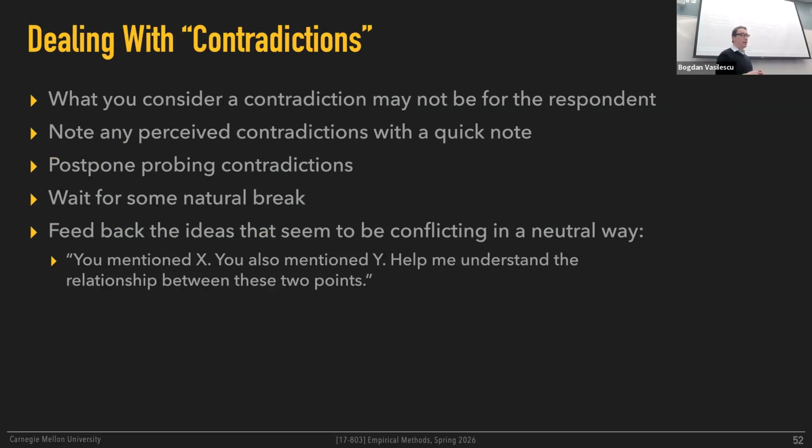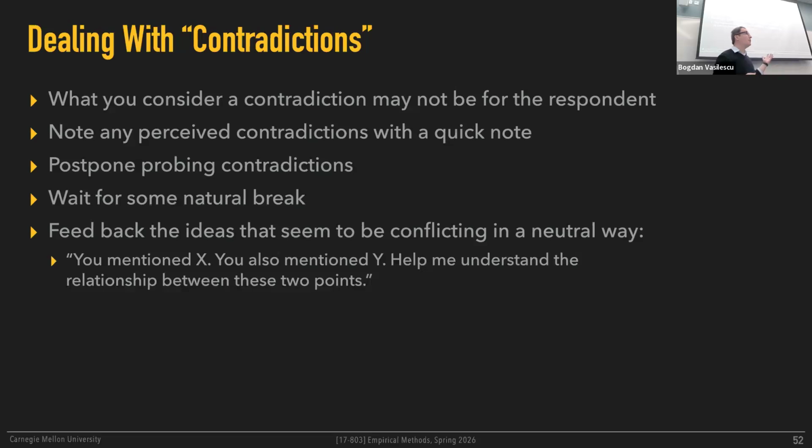How to deal with contradictions. Remember that something you might consider a contradiction may not necessarily be one for your interview participants. Good practice is to make a quick note of this as you're doing the interview. Don't necessarily interrupt at the time, but make a note so that you can come back to it as soon as you get an opportunity.